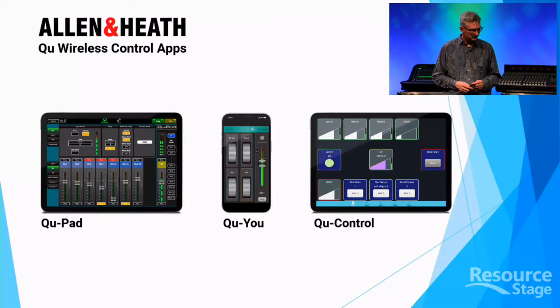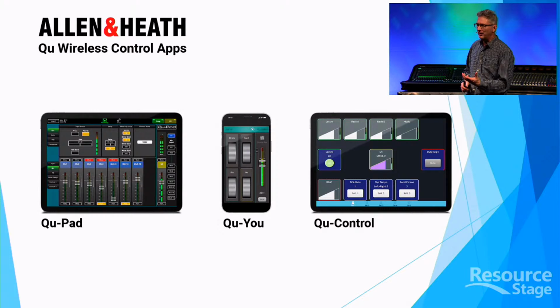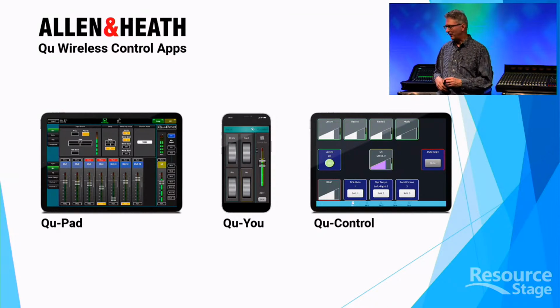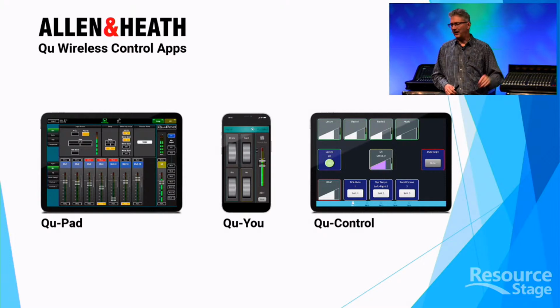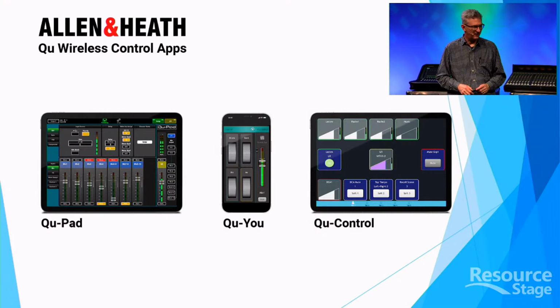The QU app is a personal monitor mixer, so that the user, the player, the singer, can mix their own monitors from that app. Really versatile, works quite well, and allows the person to personalize their monitor. Not quite the same as the ME series, but it gives a fair bit of versatility in that app.